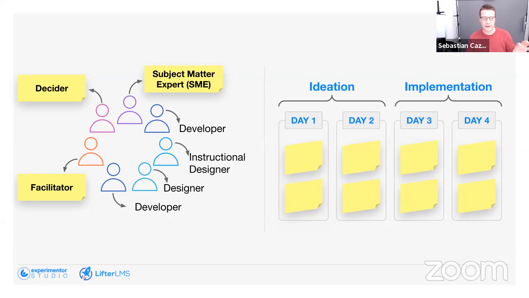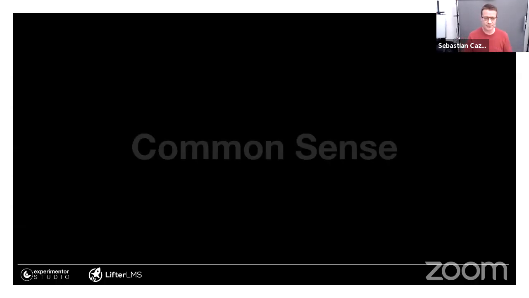You can say the decider is usually the owner of the business, so it's very likely they will also be subject matter experts. So it's not uncommon for a single individual to play multiple roles in a design sprint, especially decider and subject matter expert.